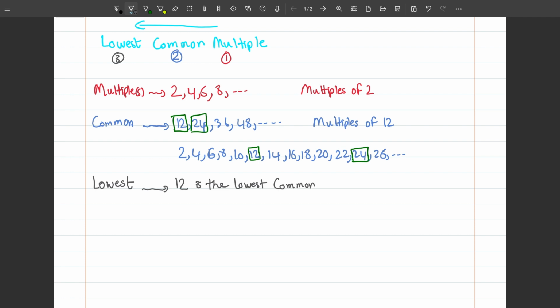So someone might say, what about 24, 36? What about other numbers? I don't care. I only care about the lowest common multiple. And that's the main idea.